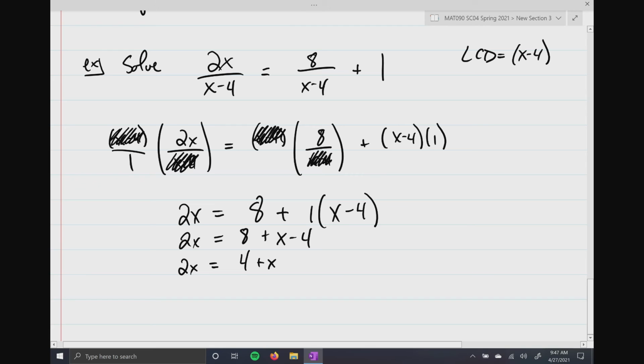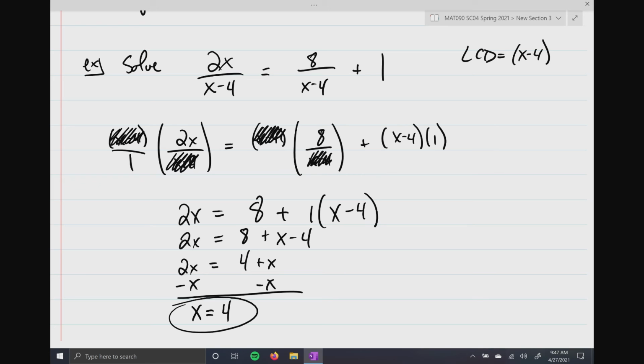Now I will subtract x from both sides to get my variable terms together. And it looks like I have a solution. In fact, a lot of us in the room would probably stop right here. But here's the thing. You've got to be very careful when you are solving equations containing variables in a denominator.